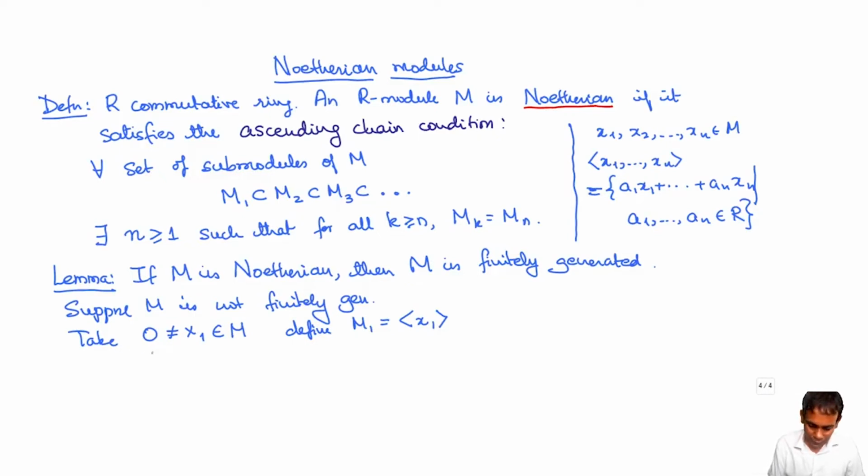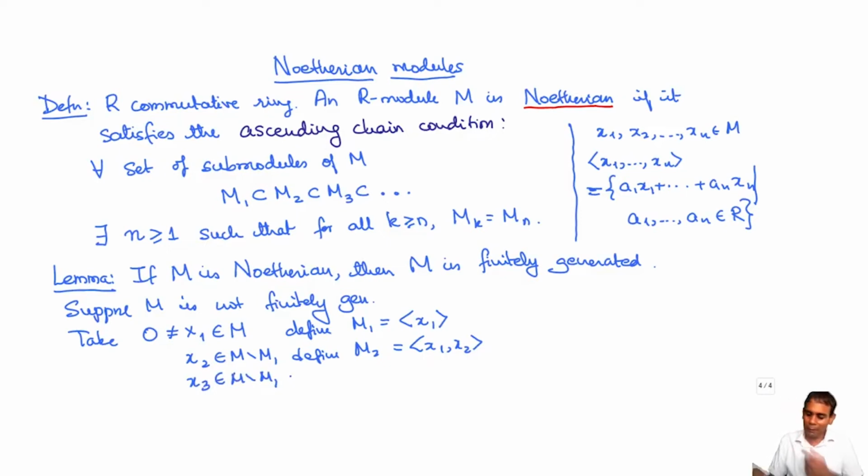So I can take x2 in M minus M1, and define M2 to be the module generated by x1 and x2. Now M2 is strictly larger than M1 because x2 is not in M1. M2 cannot be equal to M because M2 is generated by two elements.